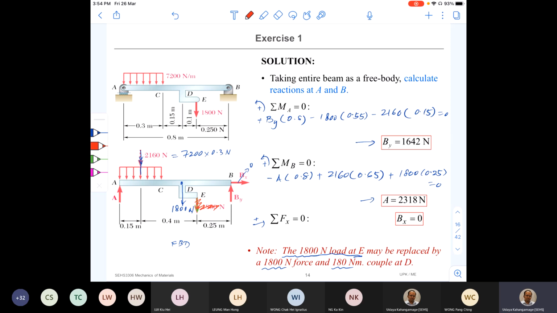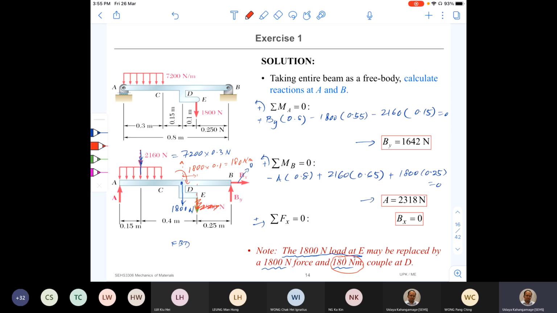Maybe I mark that again here. These are the two lines of action, and this is the distance I'm talking about. That distance is 0.1, so this is equal to 180 Newton meter.